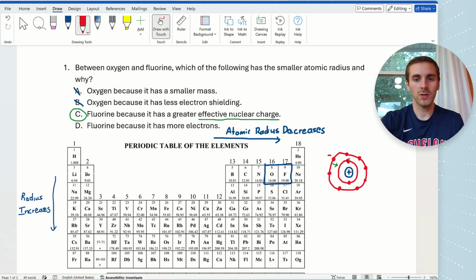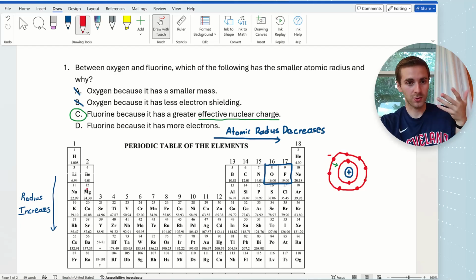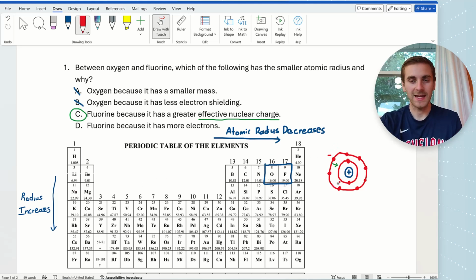But then with sodium, we are adding another proton. Sodium has 11 protons, more than all of these. Yet it's going to actually have the largest atomic radius of any of them. And that's because it has one more electron, but that additional electron is going into a new energy level. And so that's a factor as well.